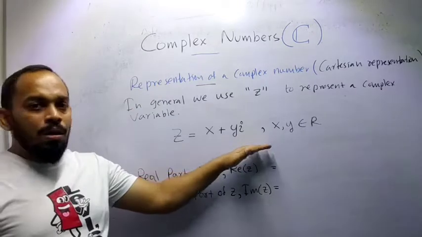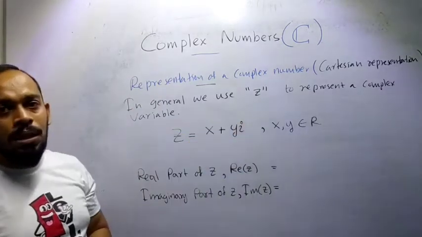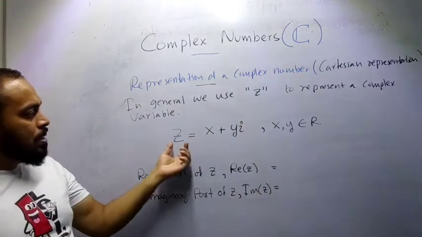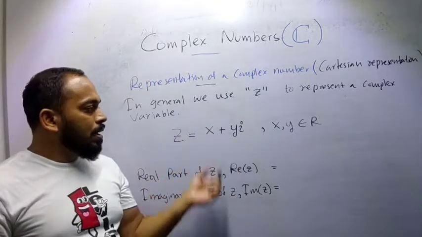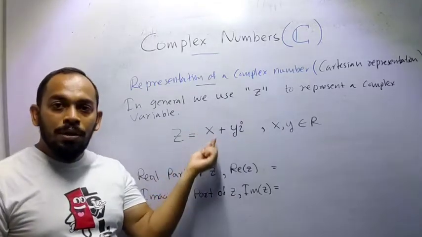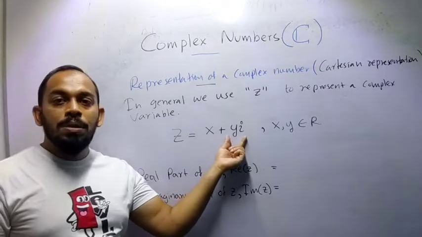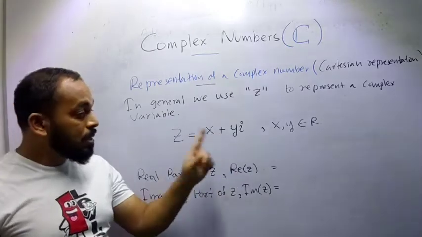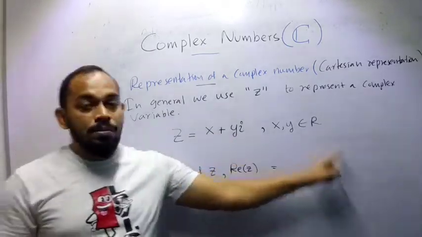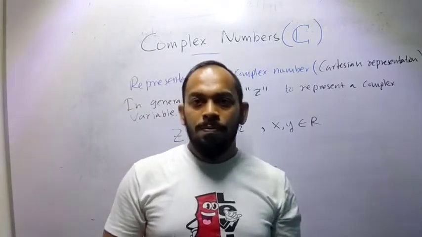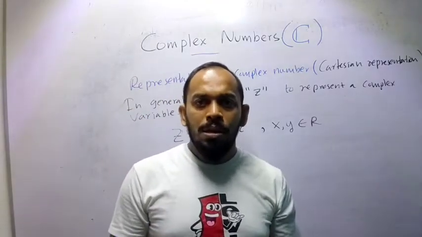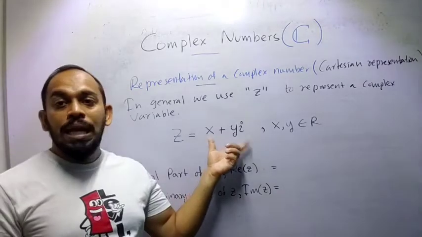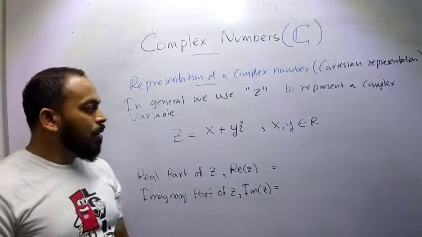We will do most work with the Cartesian representation. So z equals x plus yi, x here to represent the real number, yi to represent the imaginary number. Right? Notice here that y and x are real numbers, obviously. But this combination is a complex number.